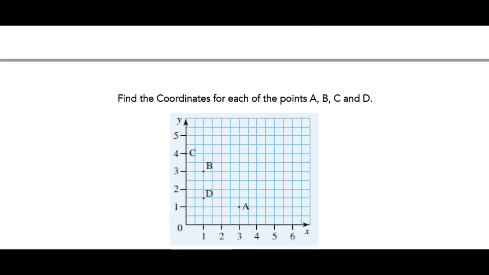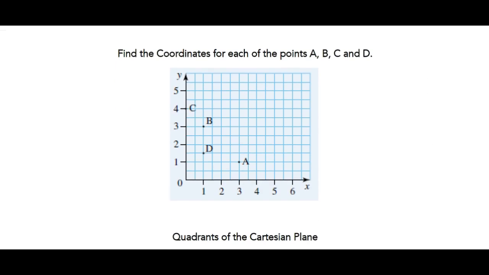Moving on, we have another example here. We have been given a Cartesian plane. In this case, we only have the positive value for x and the positive value for y. We have been asked to work out the coordinates of points A, B, C, and D. Let's start with point A. Again, when it comes to Cartesian coordinates, we first write down the x value followed by a y value with a comma in the middle.